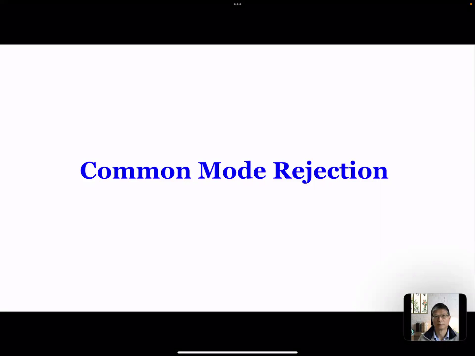For today, I'm going to try to cover a little bit of section 9.3, common mode rejection. We're going to cover only 9.3.1, the MOSFETs. The BJT is very similar.